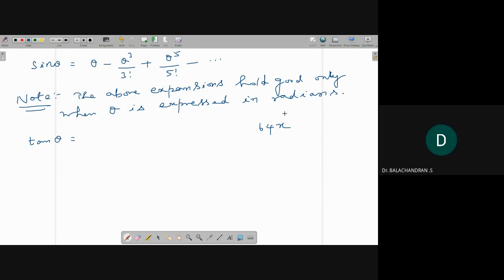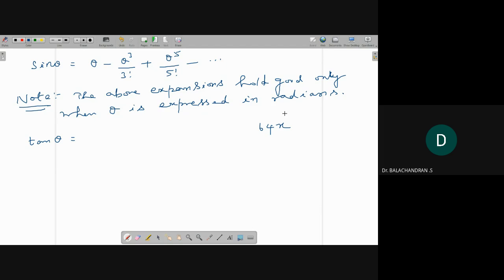Yes, sin 7 theta by sin theta, because you should remove that 0.